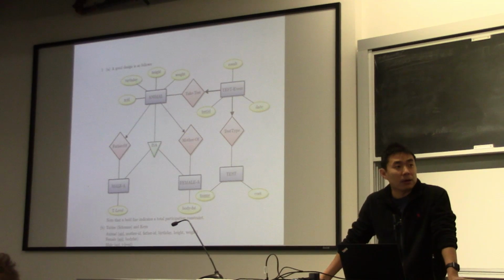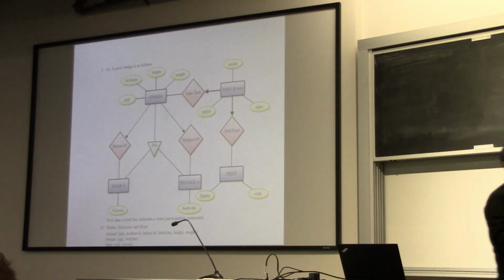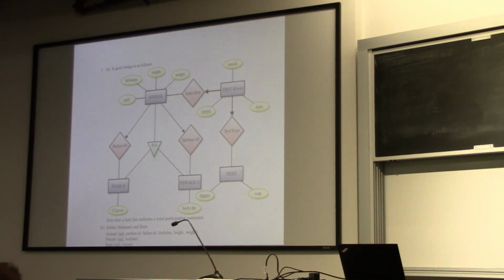What's tricky about this problem is how you represent the father and mother relationship, which I actually gave you a hint last lecture. What I said is, as long as it is an entity set, even though there are entity sets organized in a hierarchical structure, you may still have relationships connecting those entity sets.